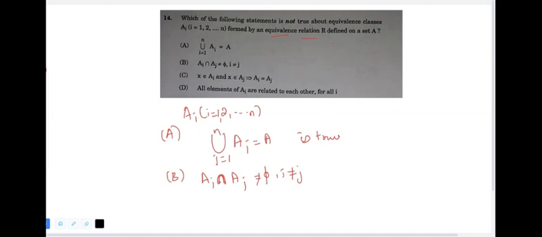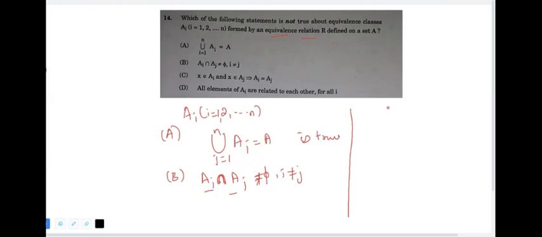It will not have an empty intersection, but a non-empty intersection. The intersection of any two equivalence classes contains at least one element.